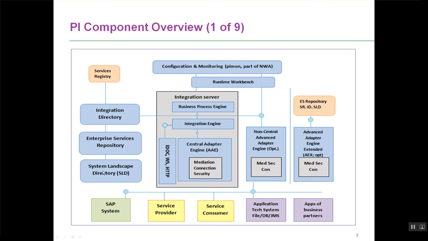Remember the underlying idea of PI, that it is a central application that is going to integrate with multiple applications in the landscape. So for PI, it is essential to understand what all systems are in the landscape, because eventually PI is connecting to multiple different systems. So the SLD is a component of PI that tells PI what all systems are there in the customer's landscape.